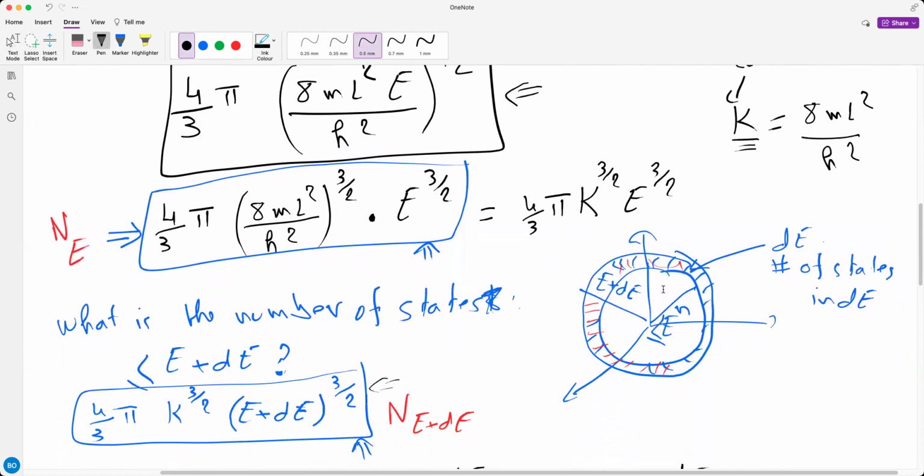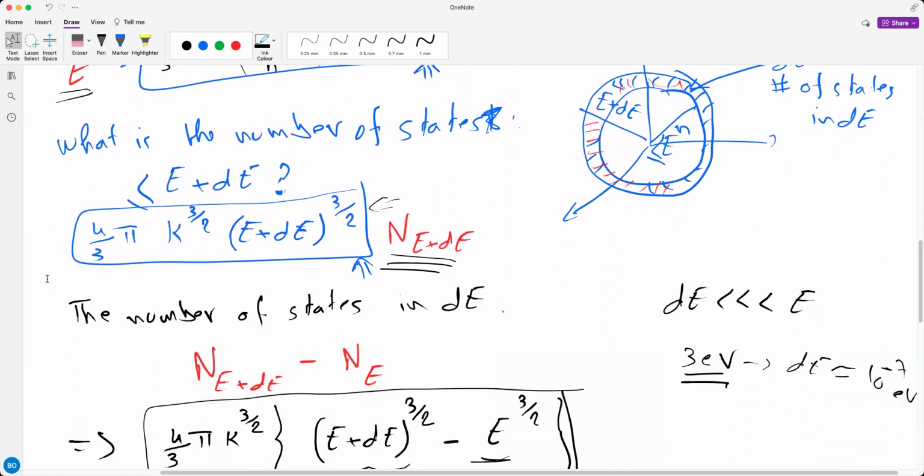Now, if I want to calculate the number of energies in that element, all that I have to do is the subtraction between these numbers, which gives me the number of states that have energy below E plus dE, and this number that gives me the number of energy levels or states that have an energy less than E. And this is what I did.